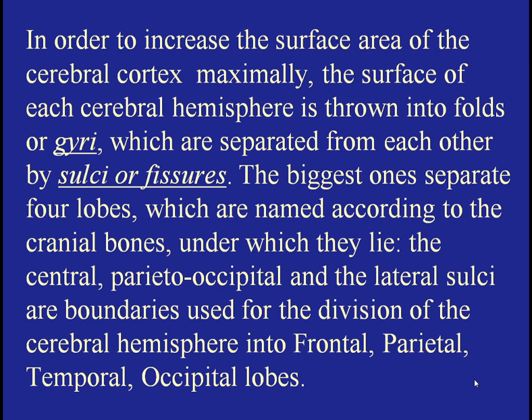The biggest ones separate four lobes, which are named according to the cranial bones under which they lie: the central, parieto-occipital, and the lateral sulci are boundaries used for the division of the cerebral hemisphere into frontal, parietal, temporal, and occipital lobes.